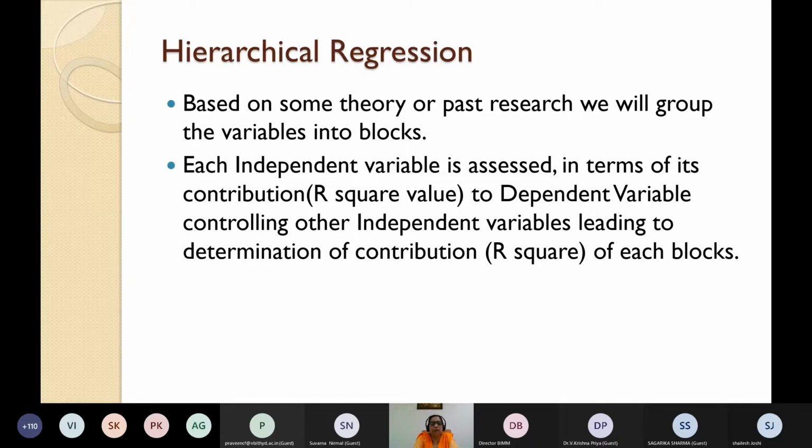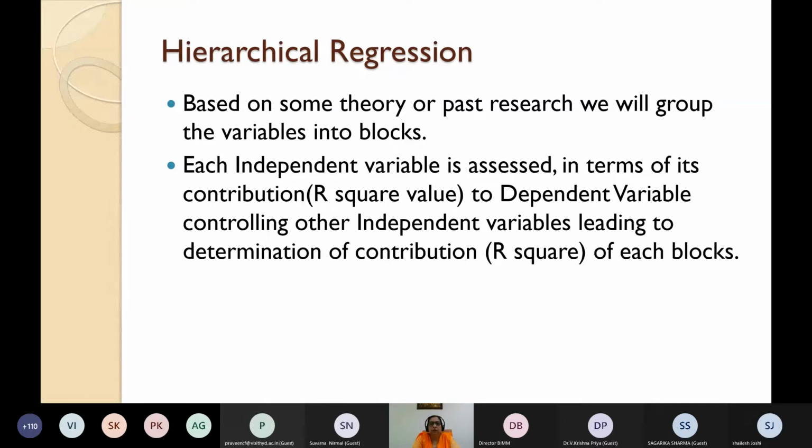Hierarchical regression is another alternative to stepwise regression, and it can be useful for evaluating the contribution of predictors above and beyond the previously entered predictors. In this, we are making use of statistical techniques, and we are also examining the incremental validity of each parameter.